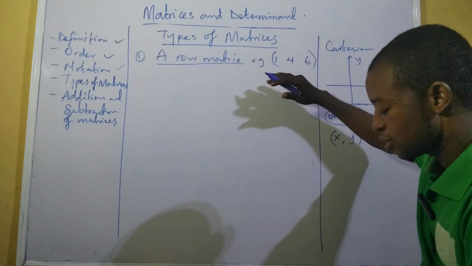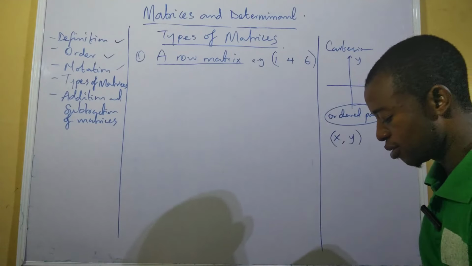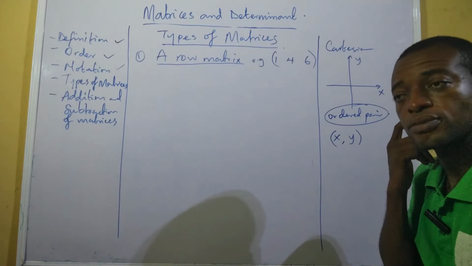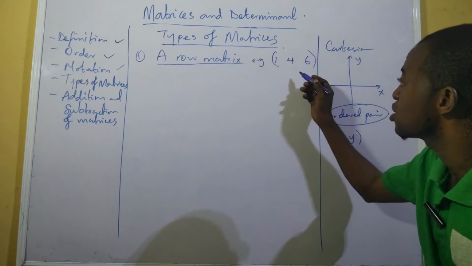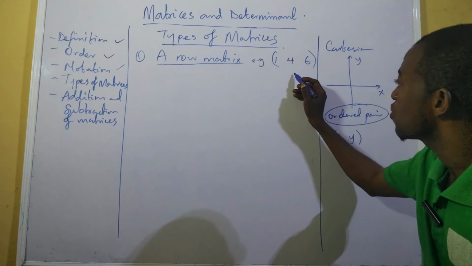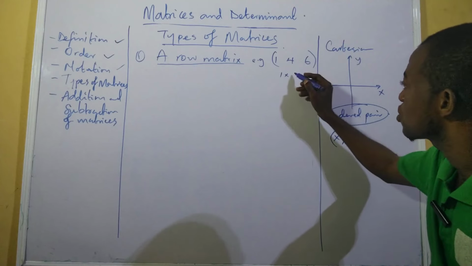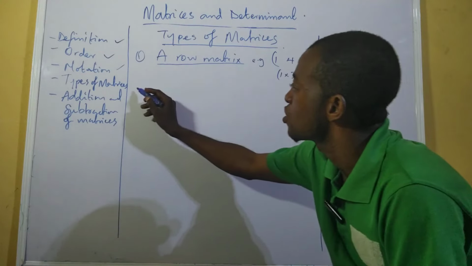This matrix has just one row of elements. So the order of this matrix, since it is one row, will be 1 by how many columns? 3. So this is order 1 by 3: 1 row, 3 columns. So that's a row matrix.